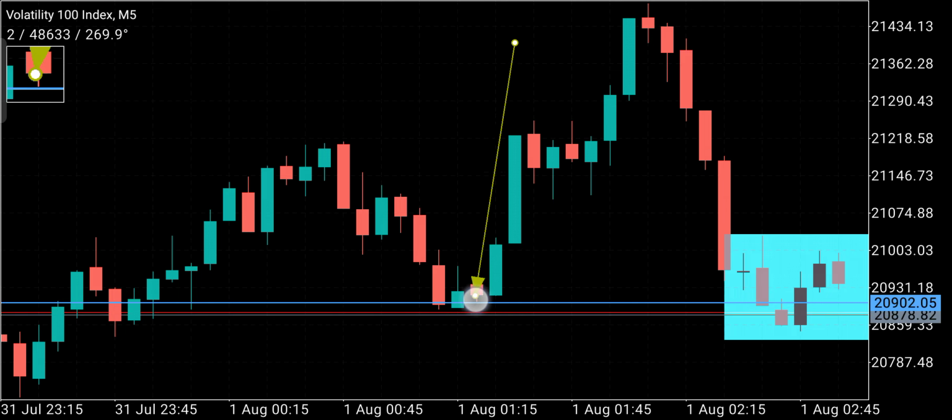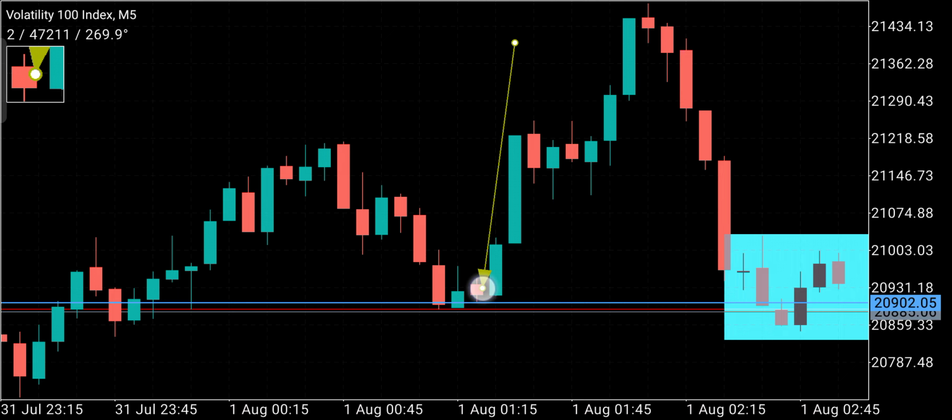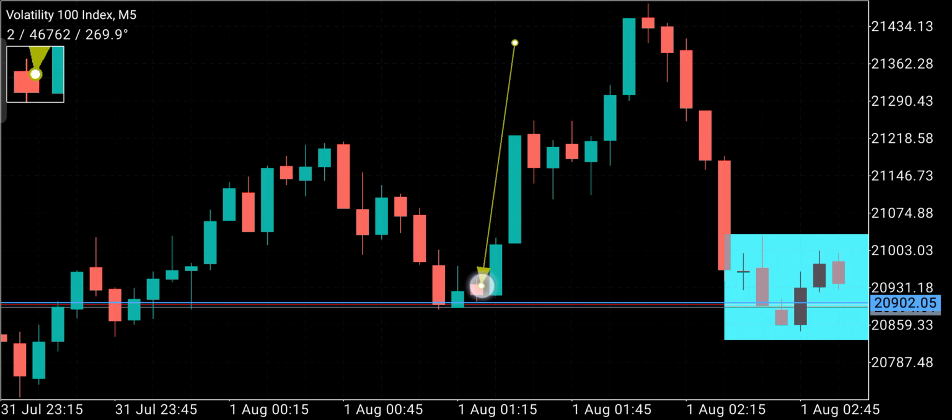So you're looking out for candlesticks like this, a bearish candle. Please take note of this: you want to see a weak bearish candle with not enough volume and momentum. On this candle, the volume to the downside is less, and the momentum to the downside is also less.